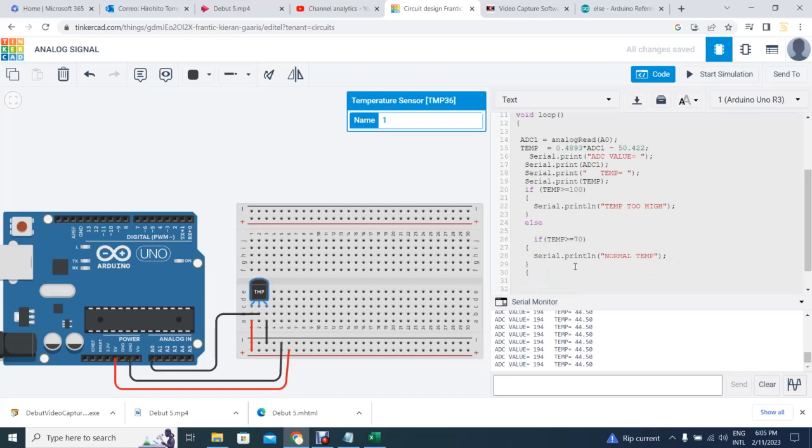That's it. Now, what's going to happen if the temperature is below, let's say the temperature now is not above 100, it's not above 70.